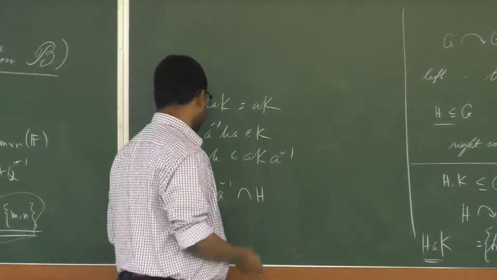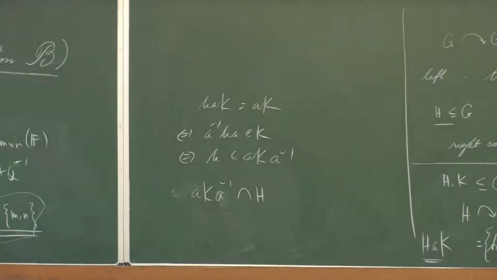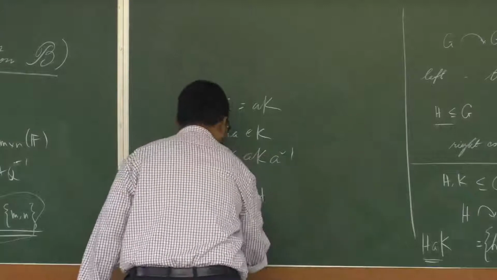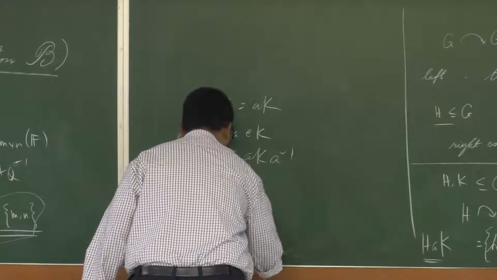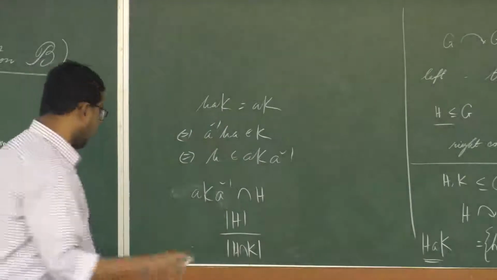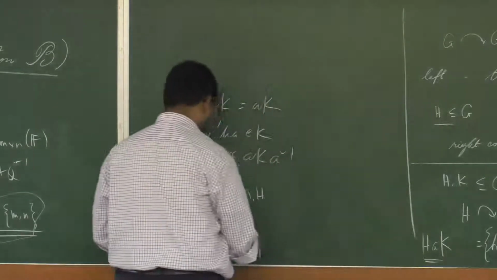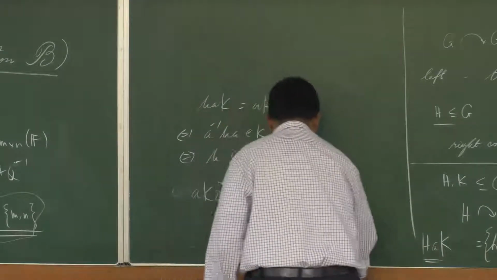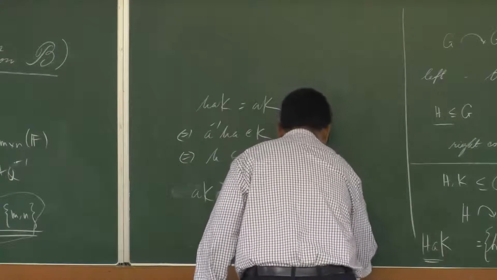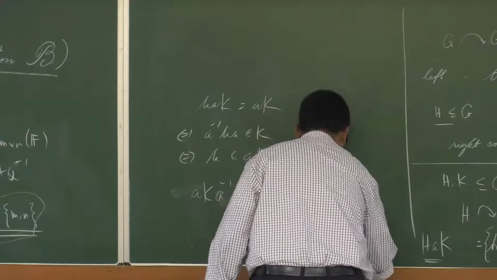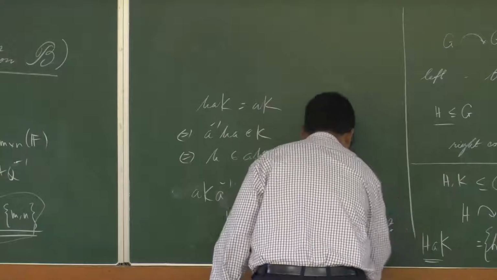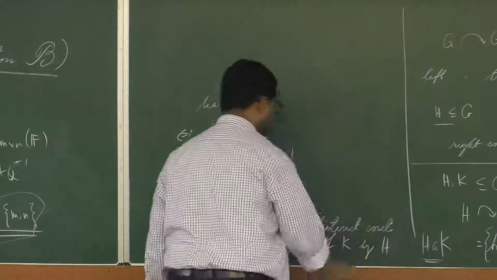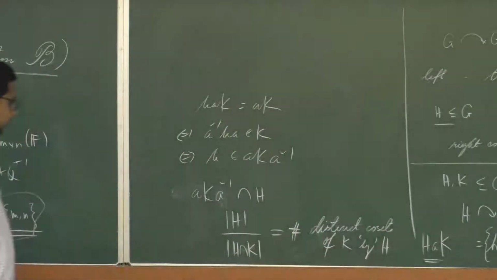So given a, this is a stabilizer. In particular, when a is the identity, the stabilizer is K intersection H, and in that case by the orbit stabilizer theorem, when G is finite, this is exactly the number of distinct cosets of K by elements from H, loosely speaking.